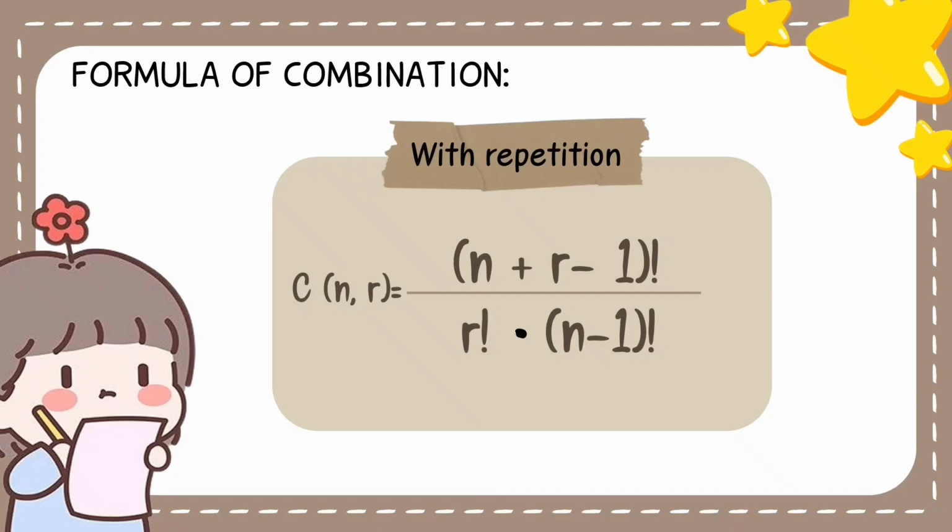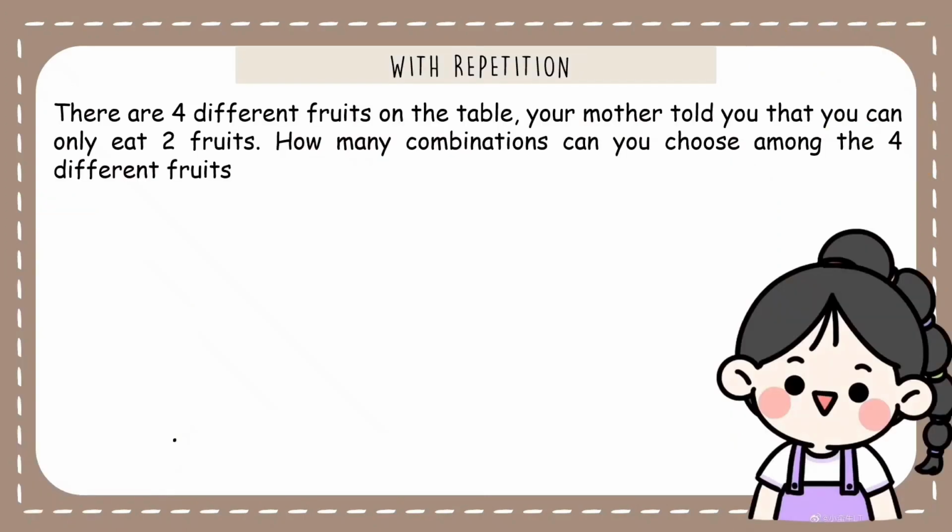To make it clear, let's try to use the formula in our previous example to check if our answer is correct. There are 4 different fruits on the table. Your mother told you that you can only eat 2 fruits. How many combinations can you choose among the 4 different fruits?